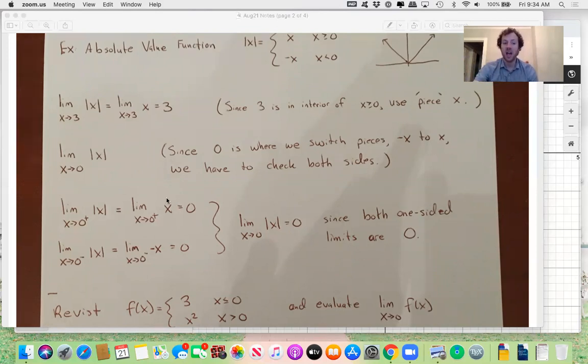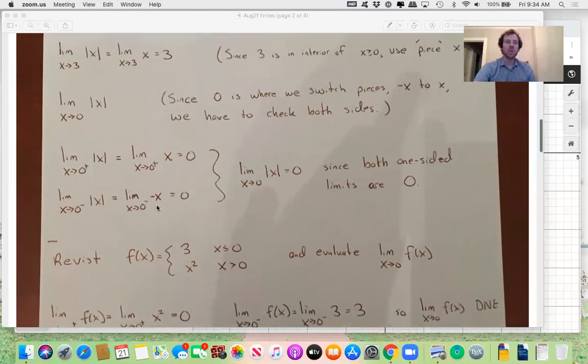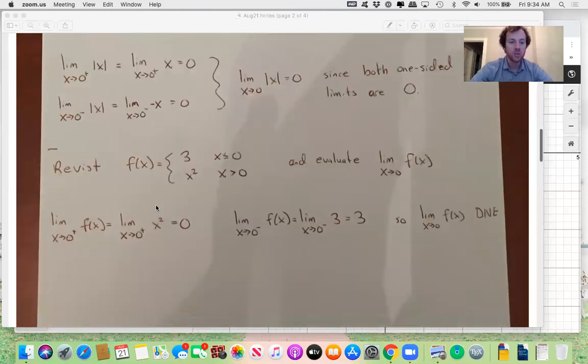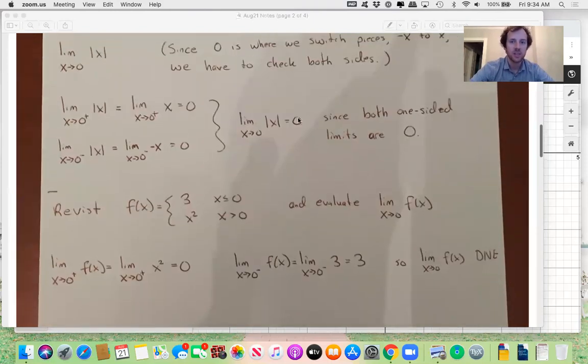Maybe you have to deal with that. It could be that once you pick the piece, there's an asymptote there. You have to deal with that. In the cases we've seen here, once we pick the piece, we can just find the limit by evaluating. But it doesn't necessarily have to be that.